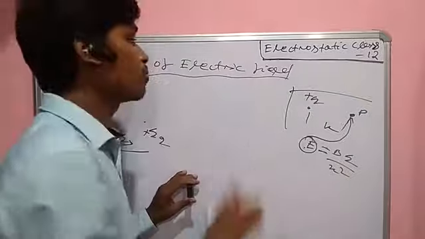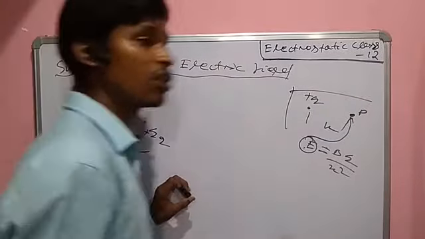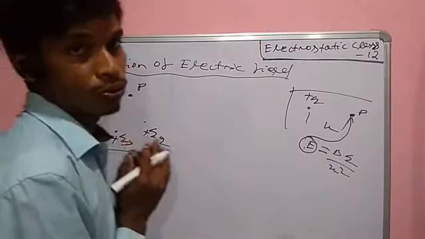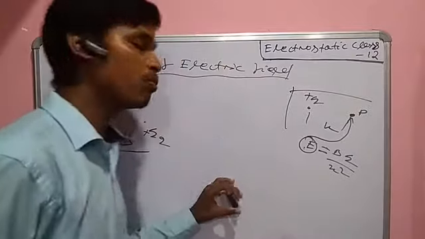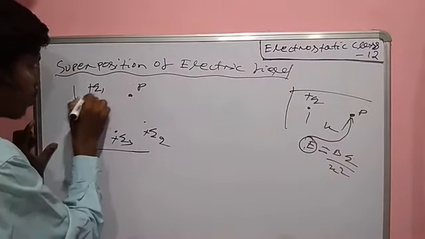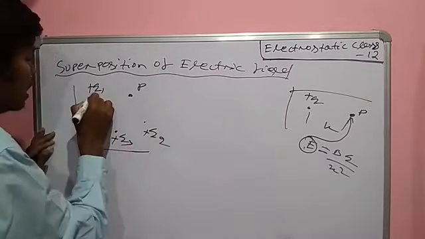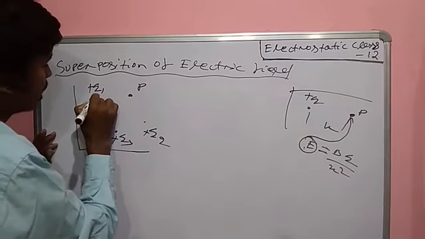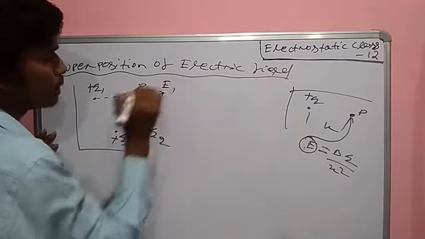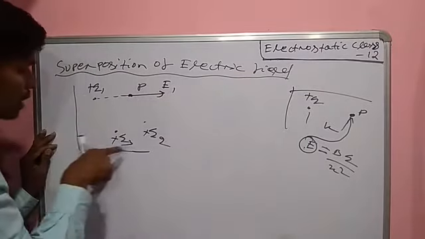But in superposition of electric field, we have to determine the electric field at a point P due to a number of charges. Suppose here Q1. Suppose Q1 is a single positive charge. Due to Q1 charge, field is what? In this direction. This field is named E1 because it is due to Q1 charge. Q1, Q2, Q3.